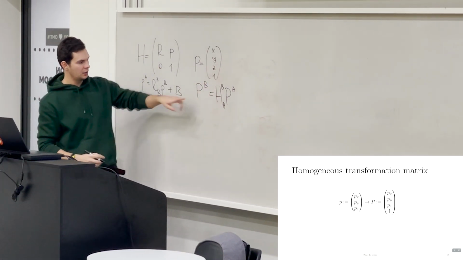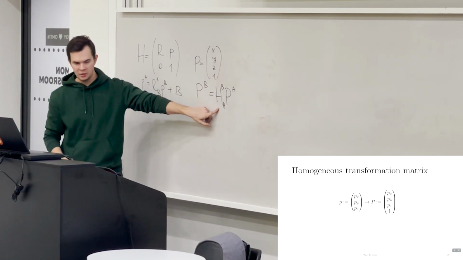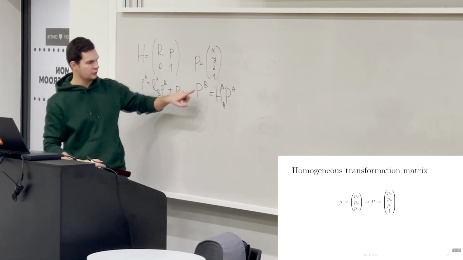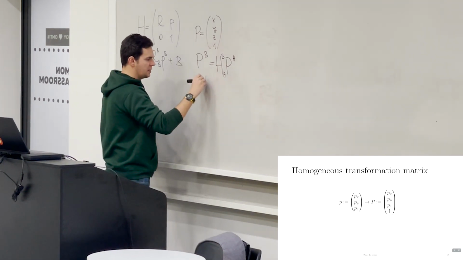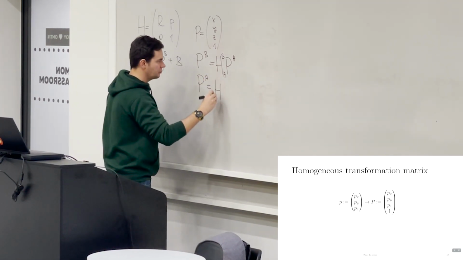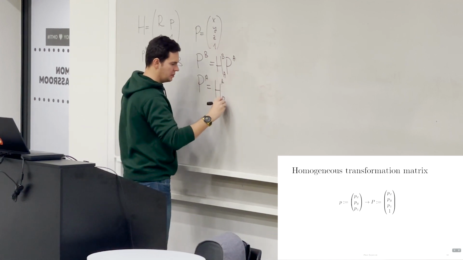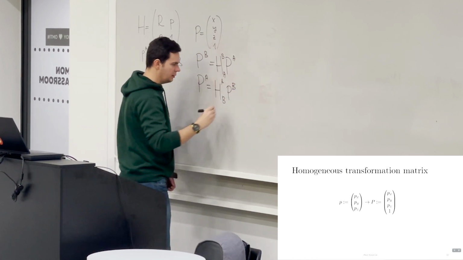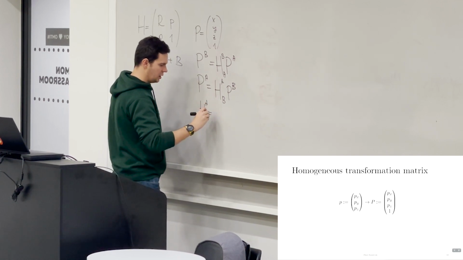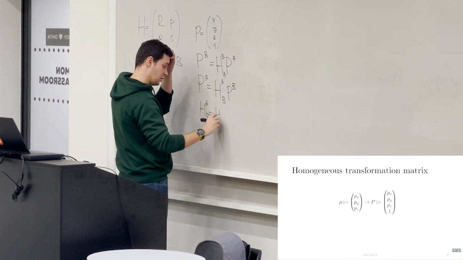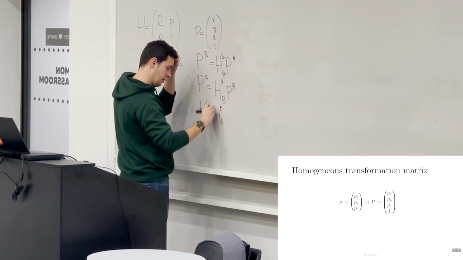And using this homogeneous transformation matrix, we can go from one frame to another, or we can rewrite it in a way P_A equal to H_AB P_B, and H_AB will be equal to the H_BA inverse.